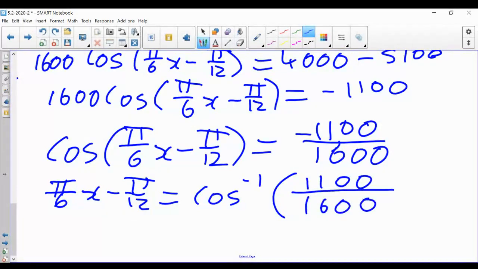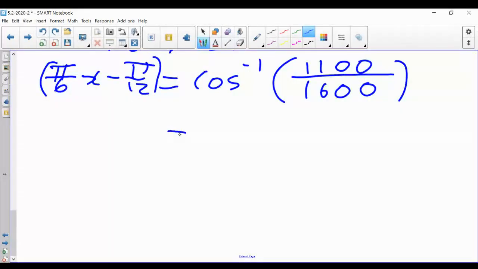You know how we do it. I'm going to call this prime for now. So remember, to get rid of the cosine, we use the cosine to the minus 1. All right. So in the 5 or 6 minutes that we have left, let's see if we can finish this up.